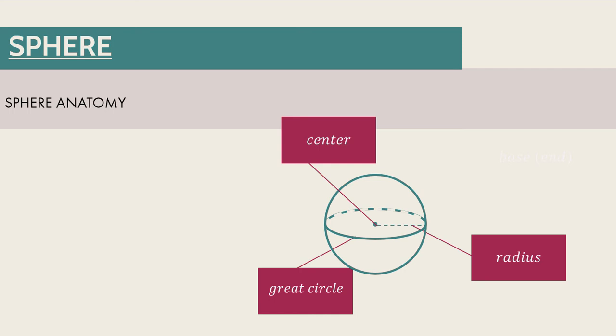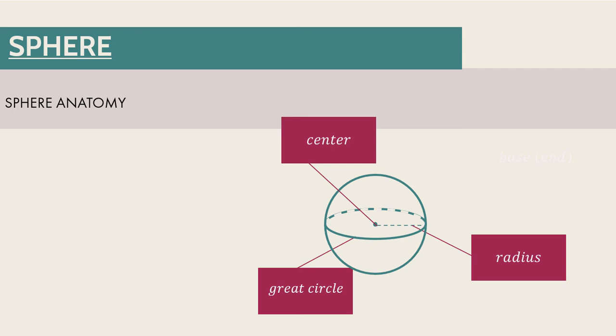And the great circle is the greatest circle possibly drawn on the sphere, and it passes through the center of the sphere. Just imagine a perfectly round orange.